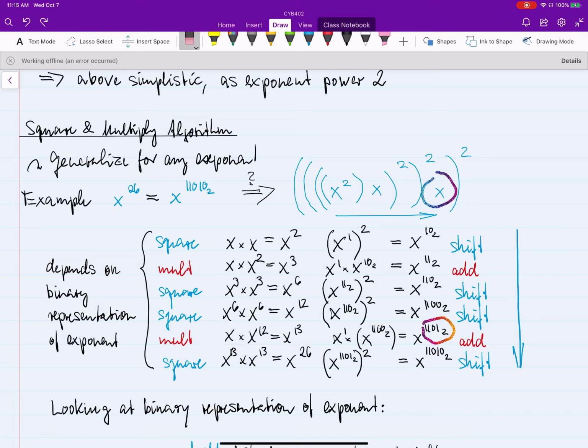All right. And finally, eventually, we square one more time, which is here, which takes us from x to the 13 to x to the 26th. And this again shifts our binary number.